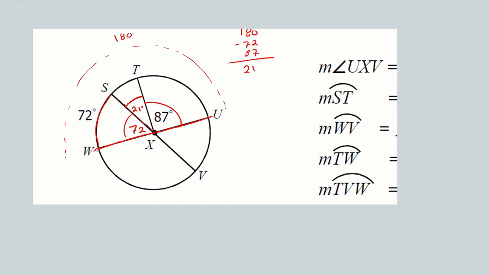And we keep going the same way. I'm going to use a different color just so we can see it a little bit better. So SV is another diameter, which means that from S all the way to V, we have another 180 degrees. And if I know this is still 87, I simply subtract 180 minus 87 minus 21, and that gives me an angle measurement of 72 degrees.